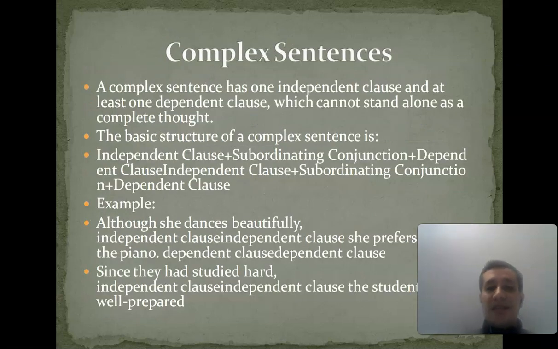The complex sentence. A complex sentence has one independent clause and at least one dependent clause, which cannot stand alone as a complete thought. The structure is independent clause plus the subordinating conjunction plus the dependent clause. The example that we can see here is: although she dances beautifully, that is the dependent clause, and she prefers playing the piano is the independent clause.